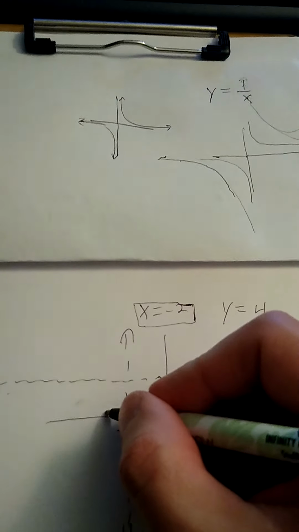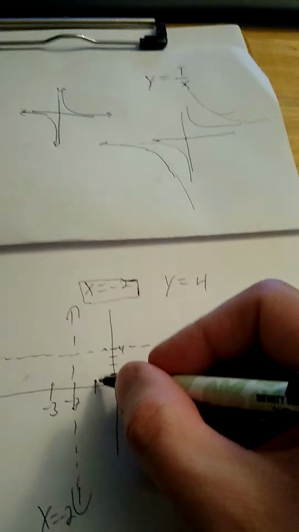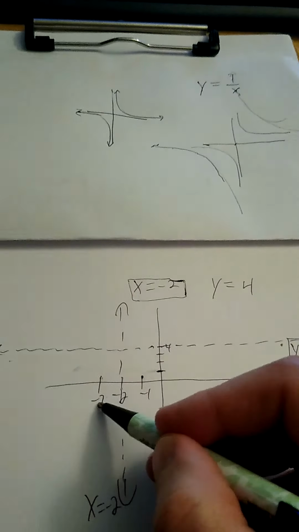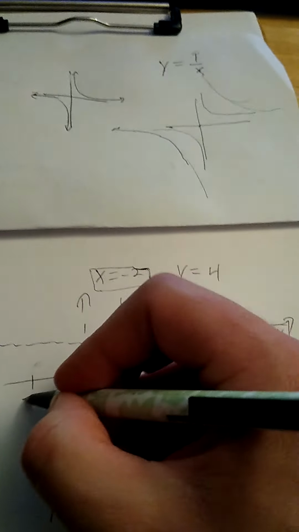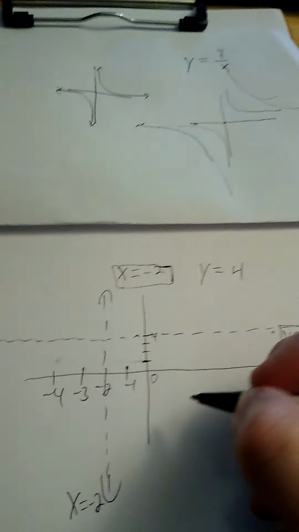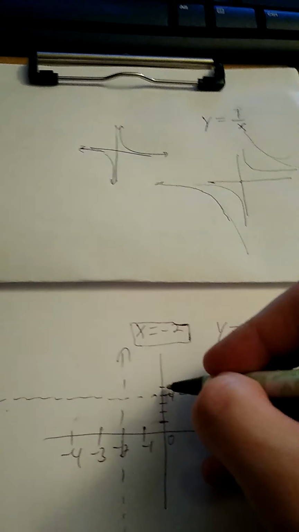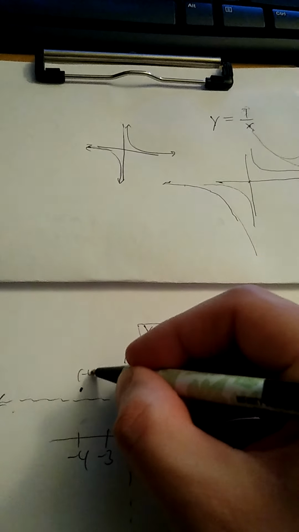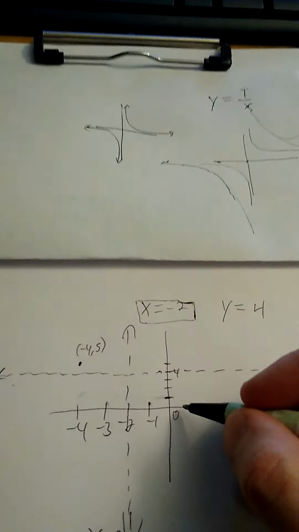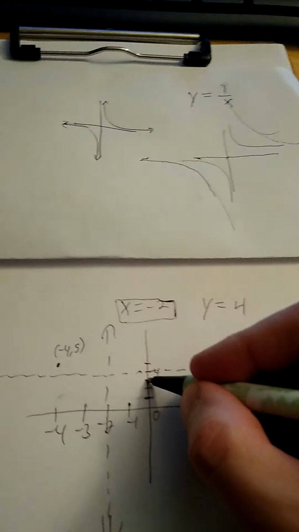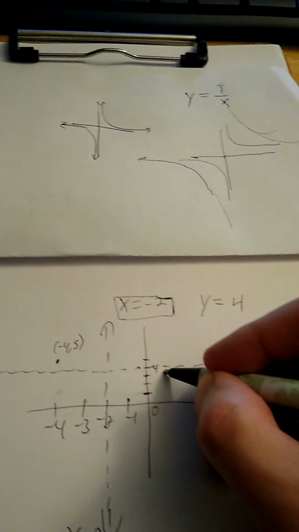So again, I could have done negative 3 and negative 1, plugged those in and gotten points. I chose to do negative 4 and 0. Negative 4 gave me 5, and 0 gave me 3.